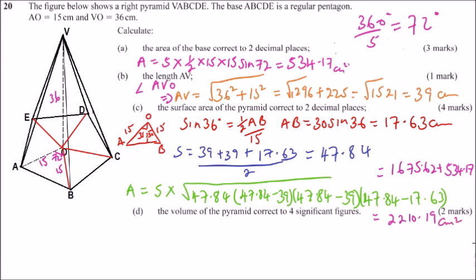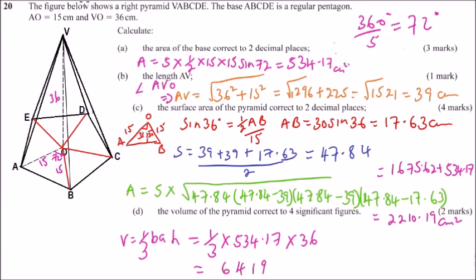Then from there, we are supposed to get the volume of the pyramid. Volume is equal to one third of the base area times height. We already have the base area, 534.17, and the height, we know it is 36, so that should give you 6419.64 using your calculator.